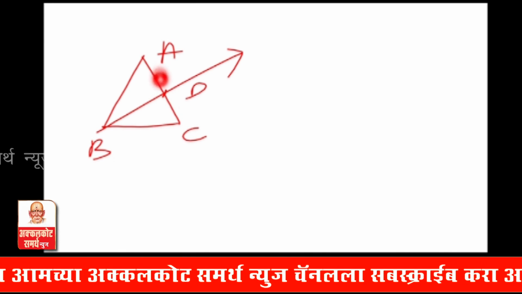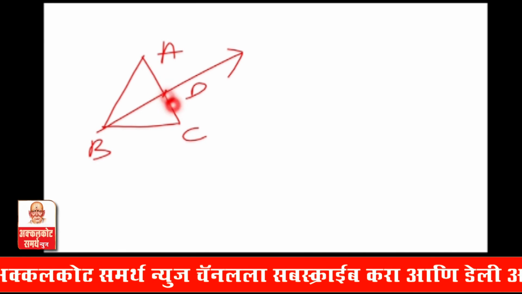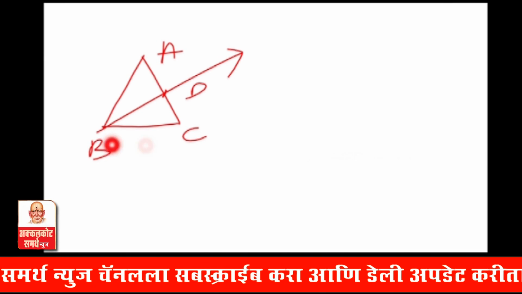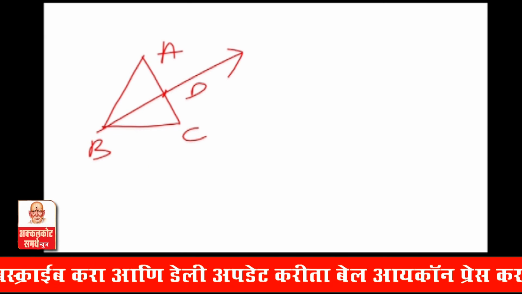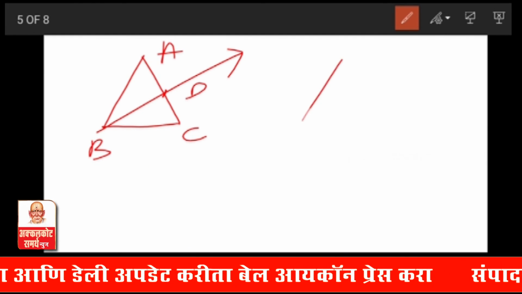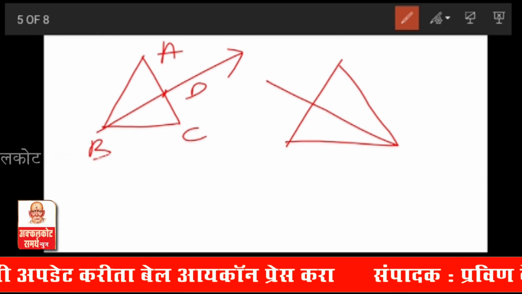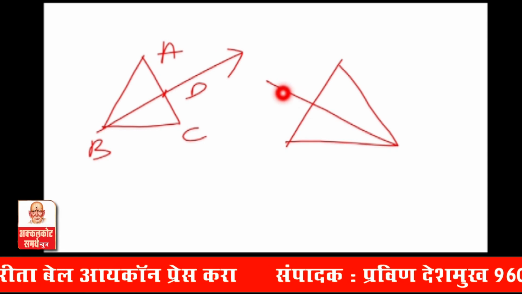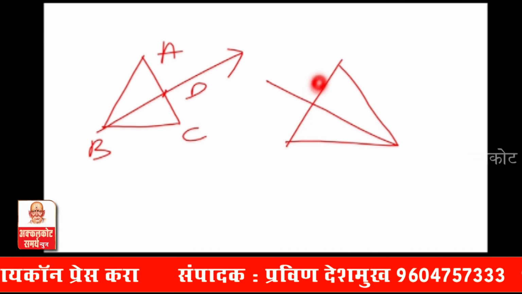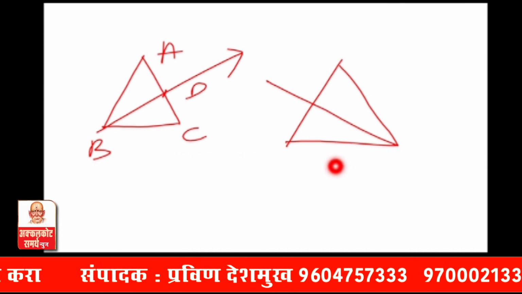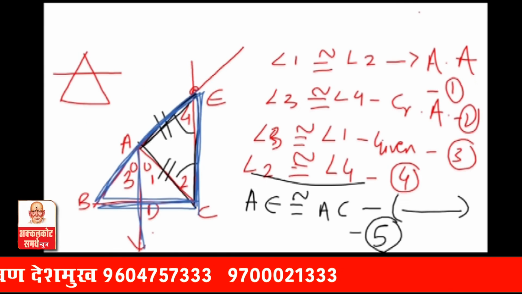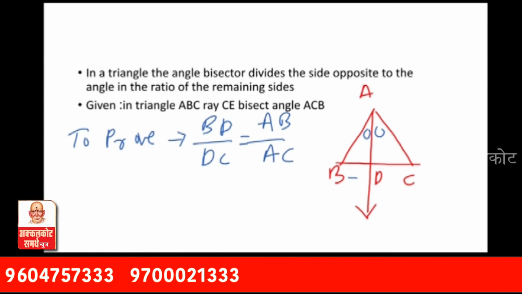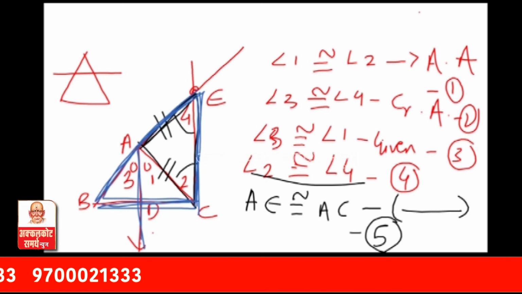So AD over DC is equal to AB over BC you can take, or DC over AD is equal to BC over AB we can take. Or this situation like this. If it is like this, then this is the bisector, so it is dividing this side. So this upon this is equal to this upon this. Like this also we can prove. So one case I have proved today here. Hope you have understood it. Okay. Thank you, children.